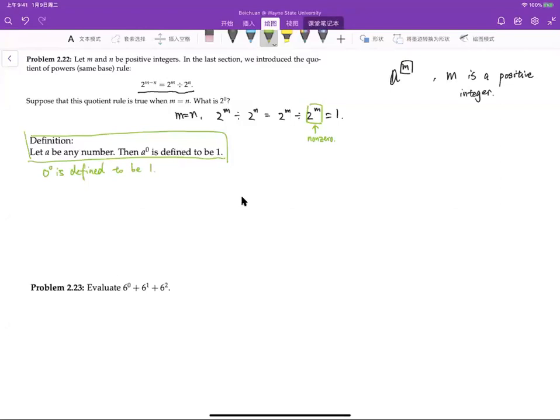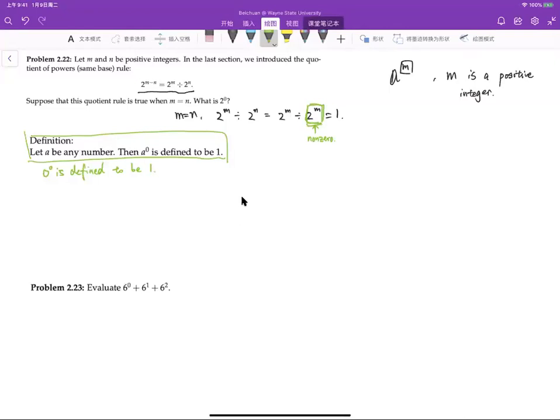So if the base is 0, and both the base and the exponent are equal to 0, it's defined to be 1. This cannot be derived by the property directly, because 0 cannot be the denominator. But we can define it to be 0.